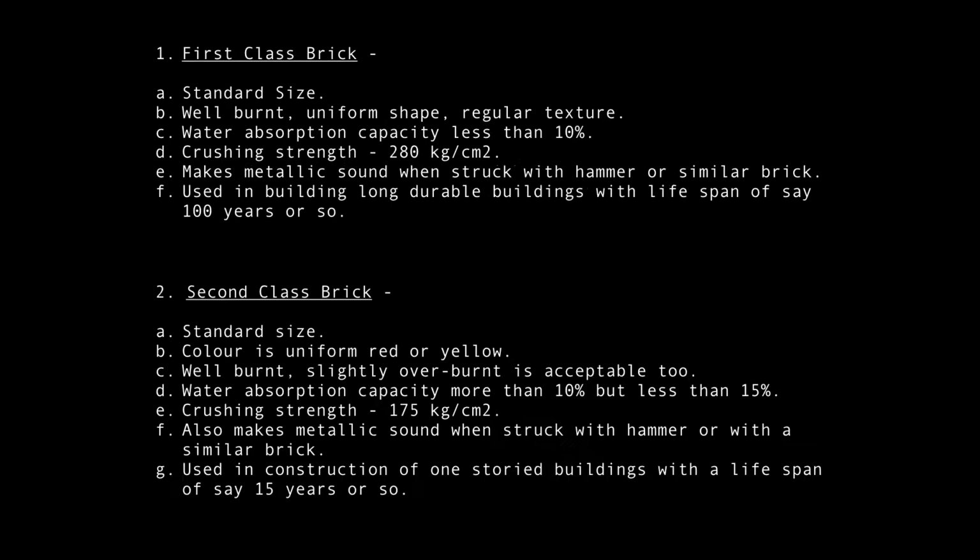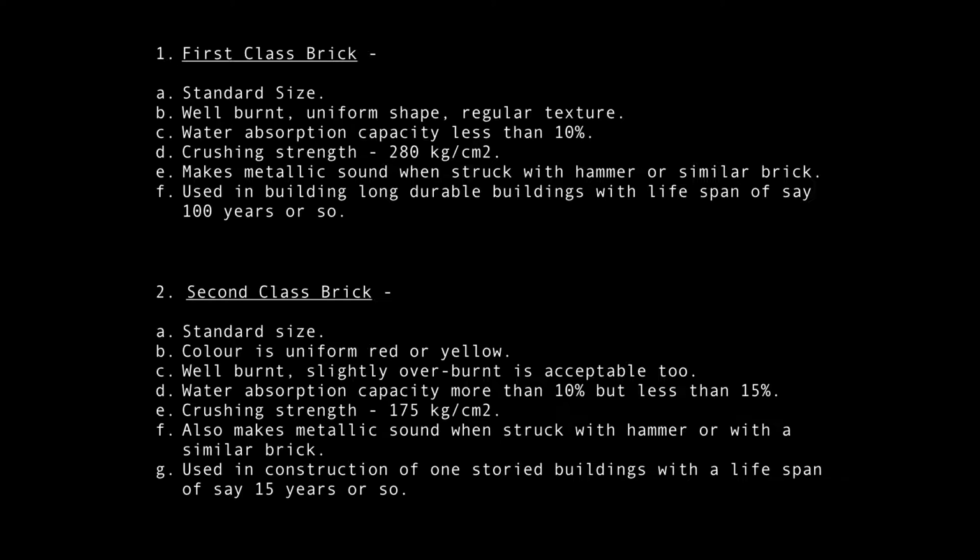For this classification, we are talking about the mostly used brick, that is the burnt clay brick. Now this can be a subcategory of burnt clay brick. So burnt clay brick can be classified in three divisions based on the quality.